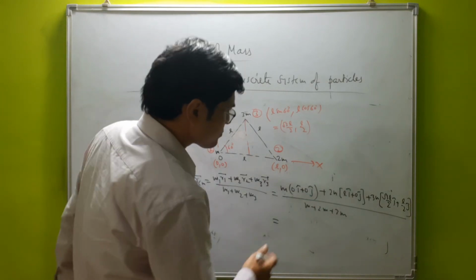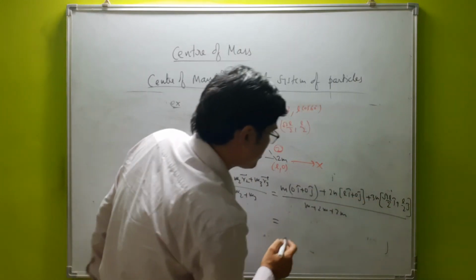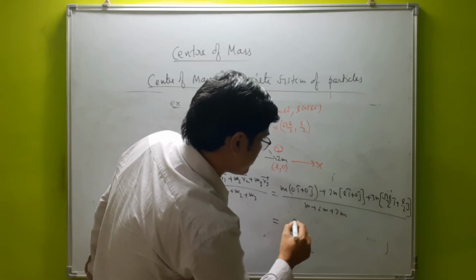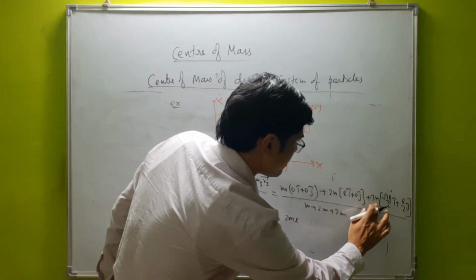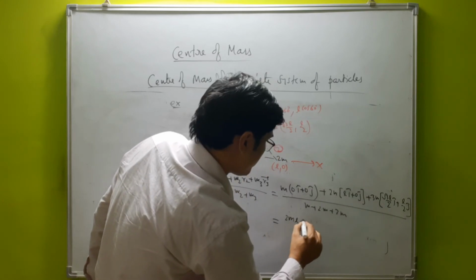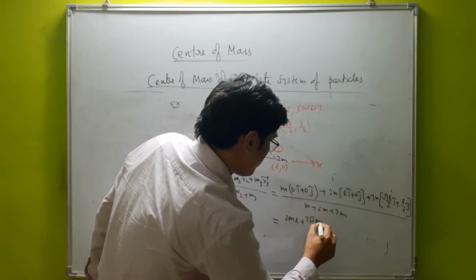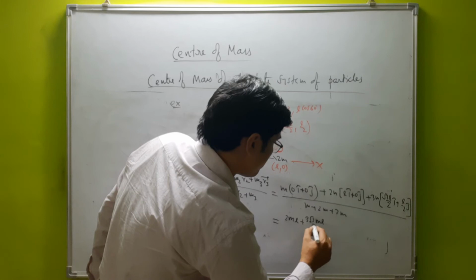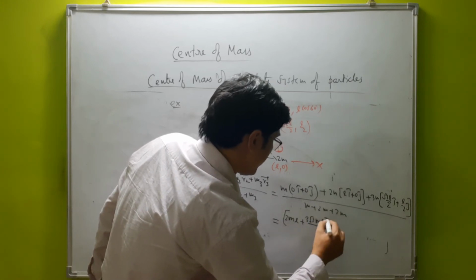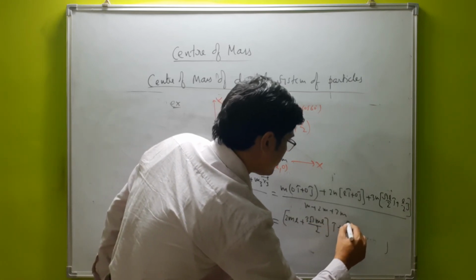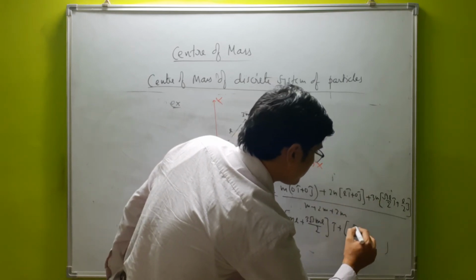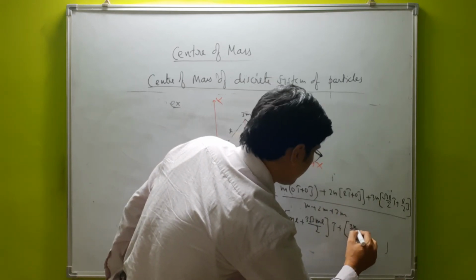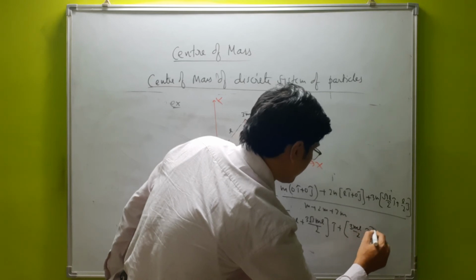So here, if we calculate, this would be how much? This is 2mL i cap, and here 3 root 3 mL by 2 in i cap, and in j cap this is 0, and this is 3mL by 2 j cap, right?